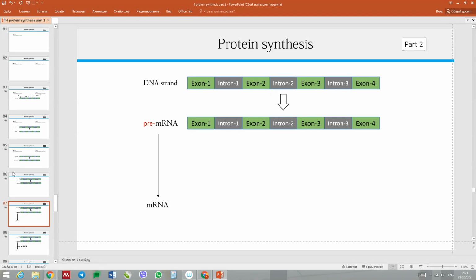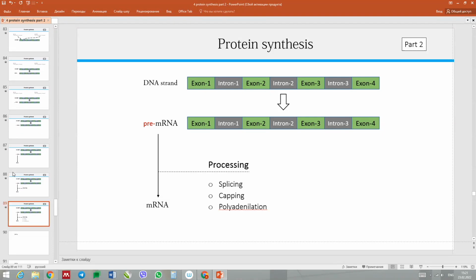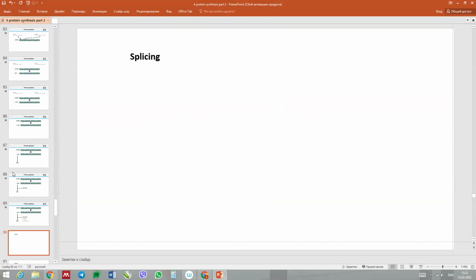This process of transformation of premature messenger RNA into mature messenger RNA is called processing. Processing is composed of 3 steps that we call splicing, capping, and polyadenylation. Let's speak about them one by one.